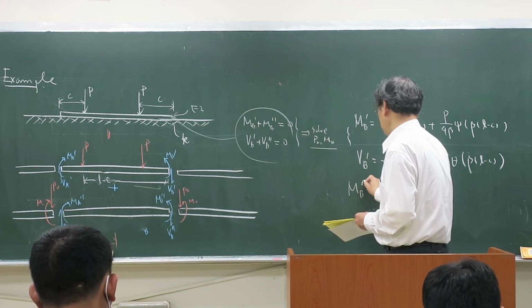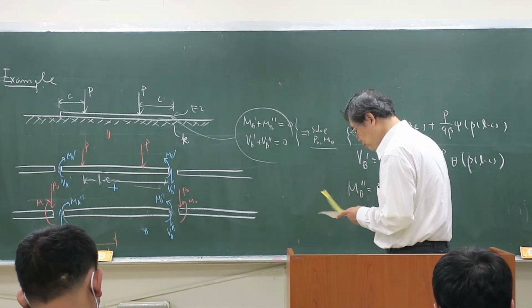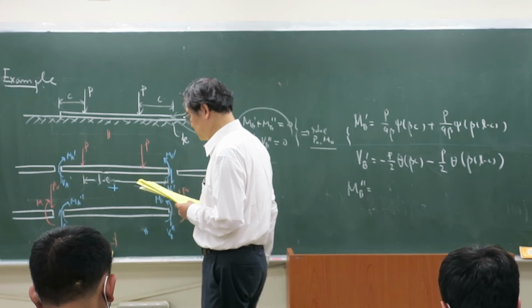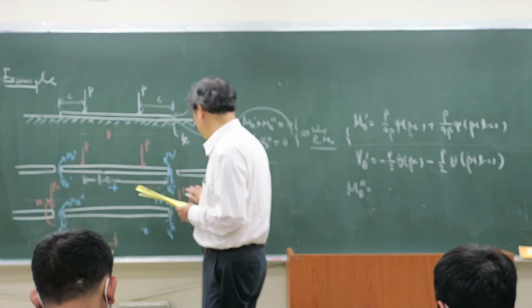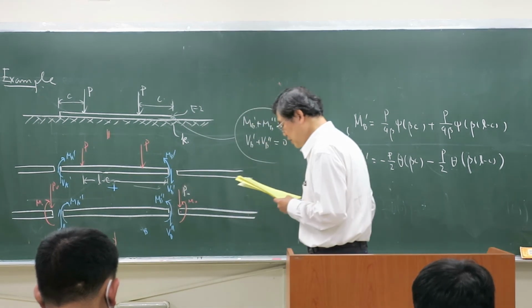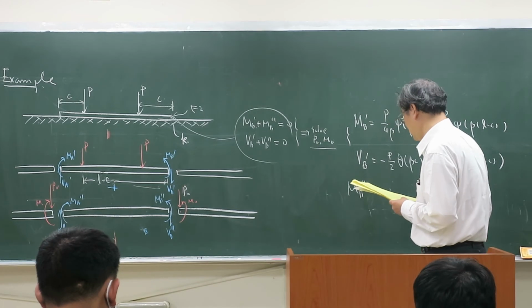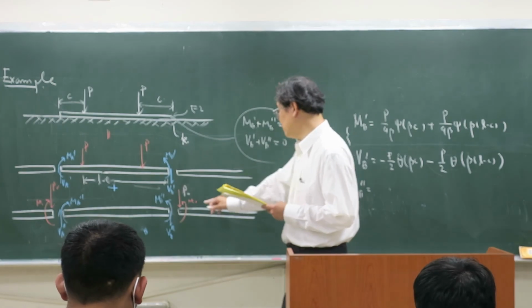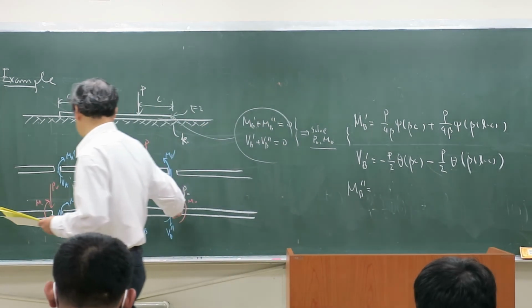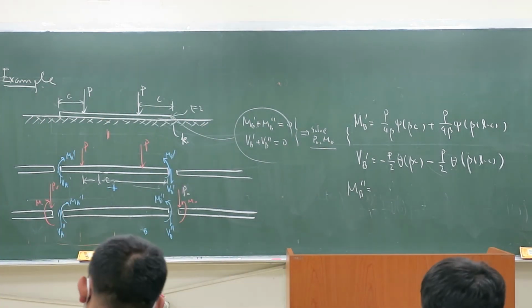B double prime. Okay. First one, I use, sorry, I use Q0, my notes. So this Q will be the shear loading on this side.